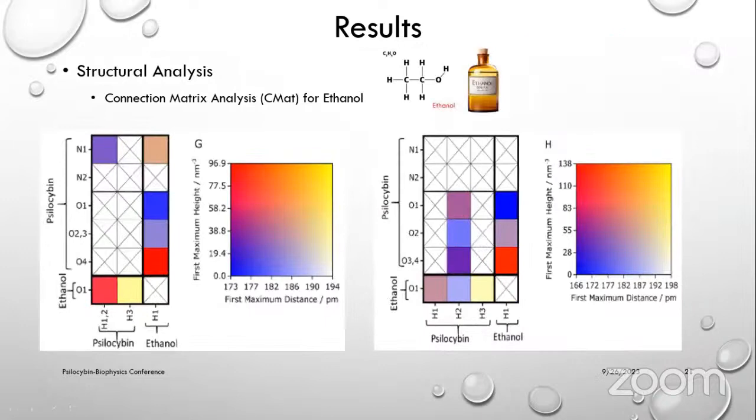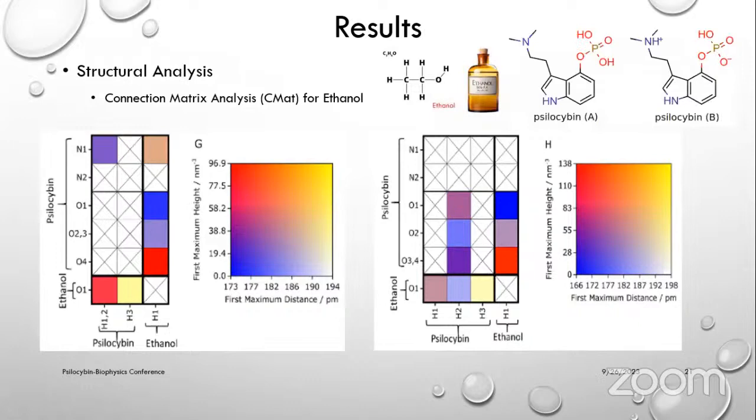In the next analysis, I also considered the ethanol in both forms, from A and from B. It can be seen clearly that ethanol has the polar oxygen, but ethanol also has a proton to donate, which is labeled hydrogen 1.